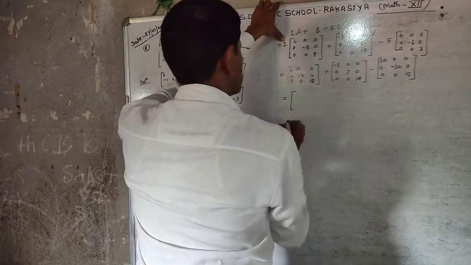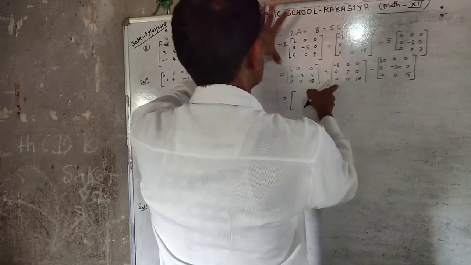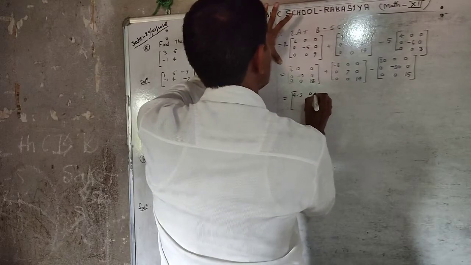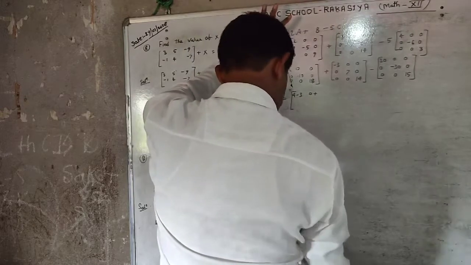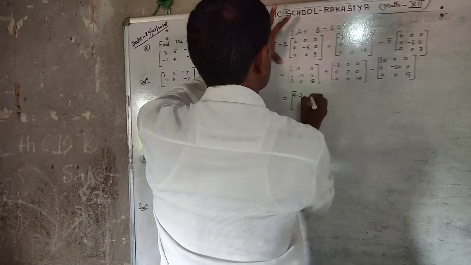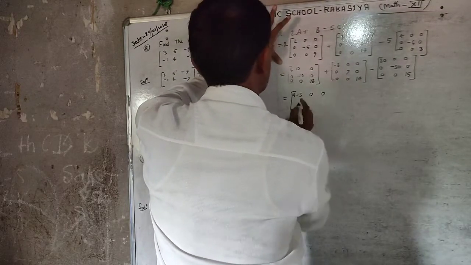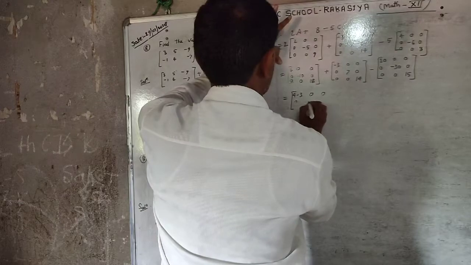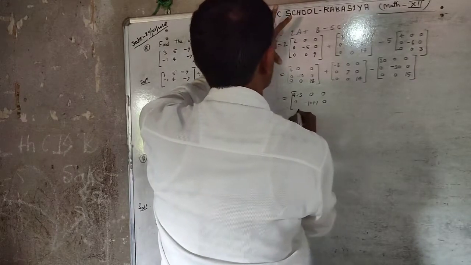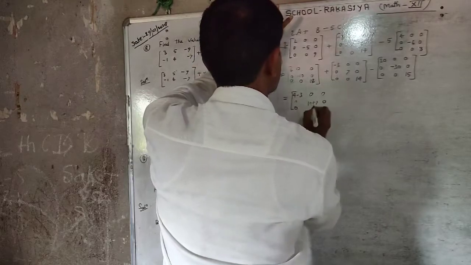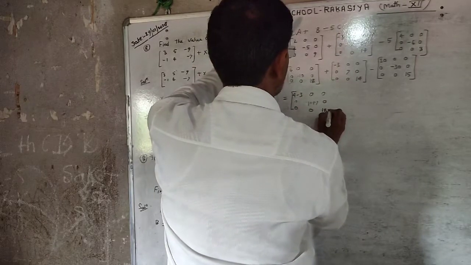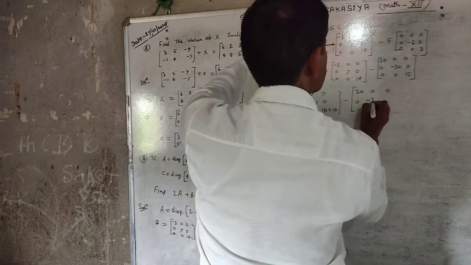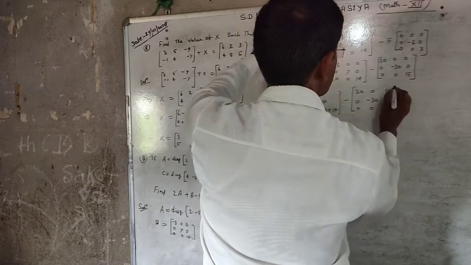Now we add the two matrices. First 4 minus 3 is 1, 0 plus 0 equal to 0, and 0 plus 0 is also 0. 0 plus 0 is 0, minus 10 plus 7 is minus 3, and 0 plus 0 is 0, 0 0, 0 plus 0 is 0, and 18 plus 14 is 32, minus 20 0 0, 0 minus 30 0, and 0 0 15.